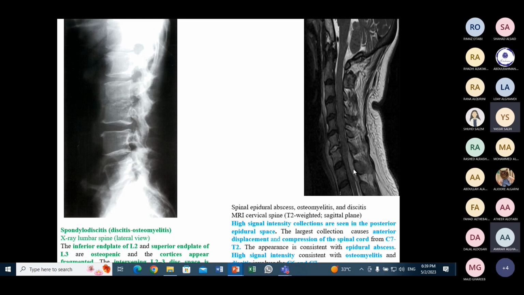This is diagnosed as an epidural abscess. There is also abnormal disc signal, this one appears more hyperintense, and you can also see hyperintensity anterior to the disc. This appearance is consistent with an epidural abscess and osteomyelitis. We said osteomyelitis always likes the disc, affecting the disc signal intensity.